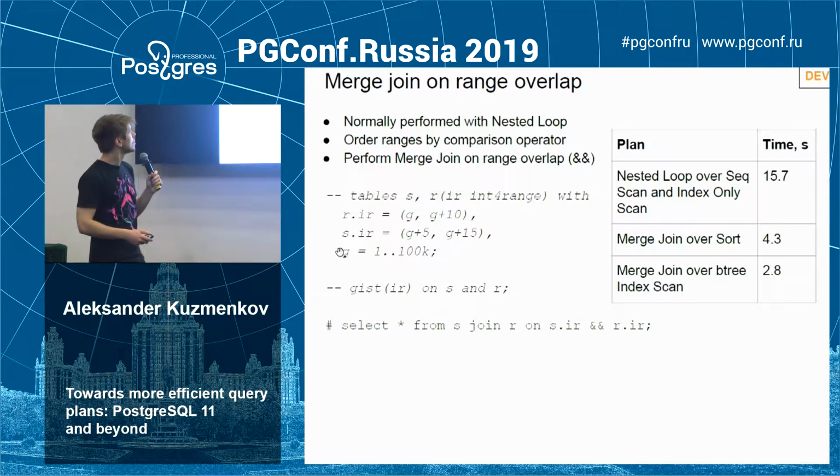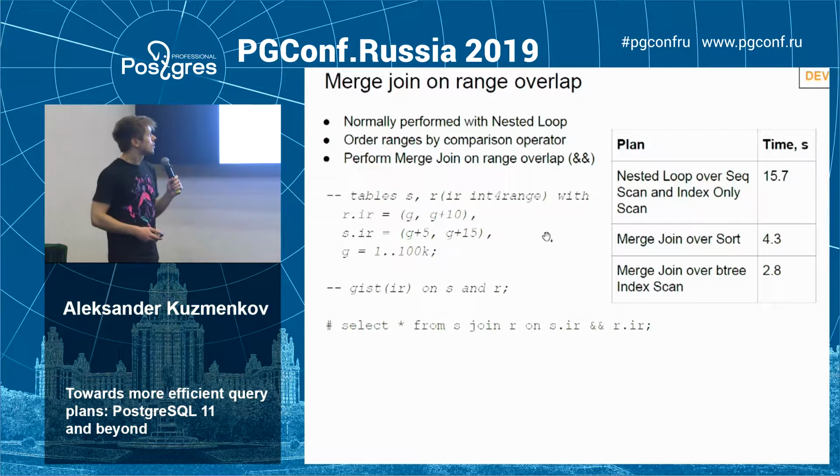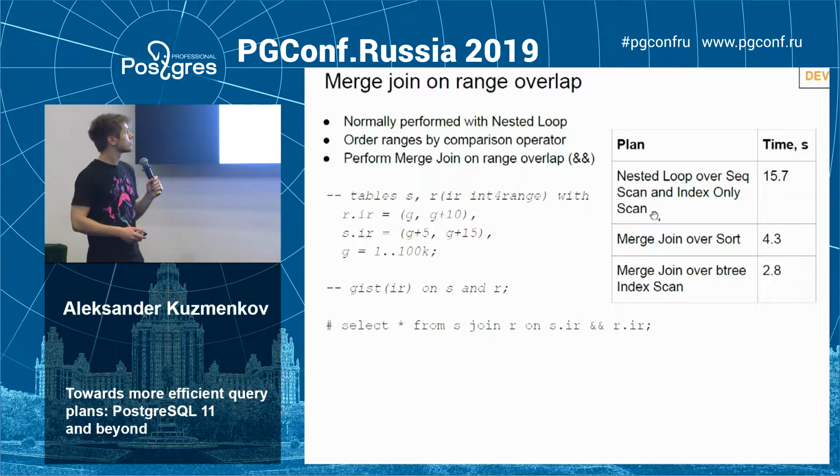This is the example on range overlap. Just a synthetic example. We have 100,000 intervals in the range, and they overlap pair by pair with these ranges, g plus 10 and g plus 15. How can we join them on range overlap?